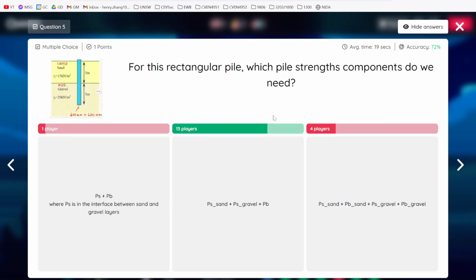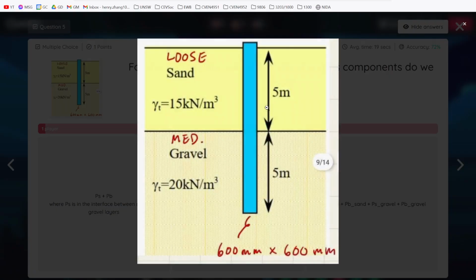So we get that. Okay, so here we have a rectangular pile. Well, I think it's a square pile actually, but same thing. The pile strength components we need, right? We're going to deal with layered questions quite a bit. We care about the average vertical stress in the middle of the sand layer, and the average vertical stress for the gravel layer.